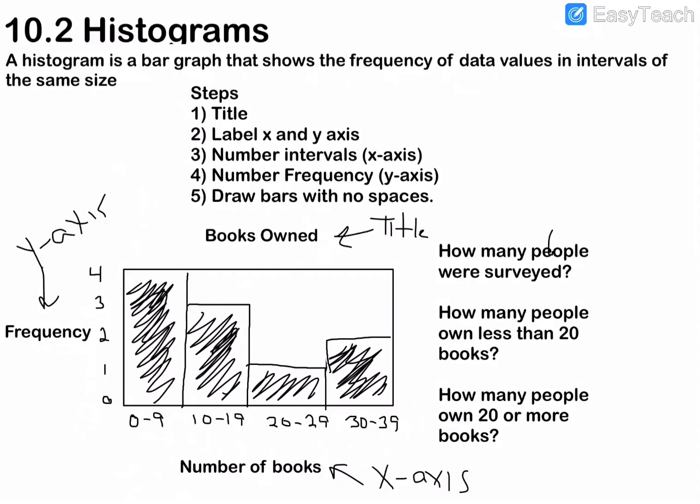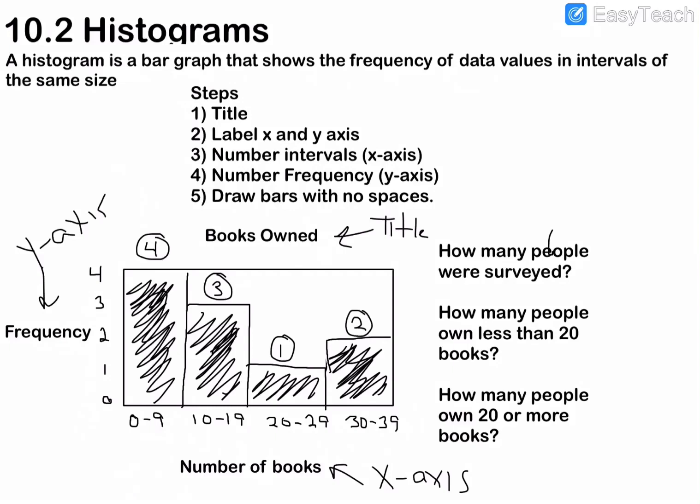Okay, so if my bar goes all the way up to the 4, so for that column would be 4. How many people own 10 to 19 books? Well, that's going to be 3. How many people own 20 to 29 books? That will be 1. And how many people own 30 to 39 books? And that would be 2.